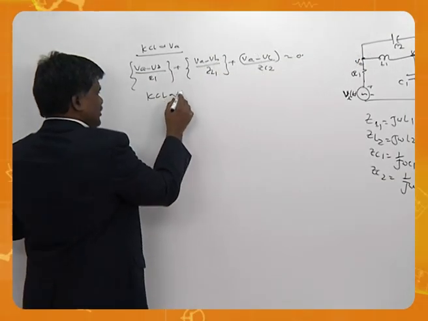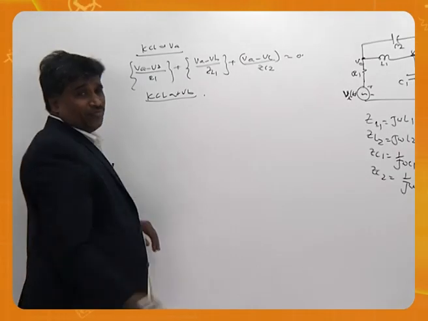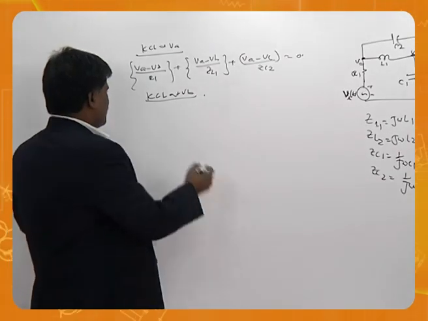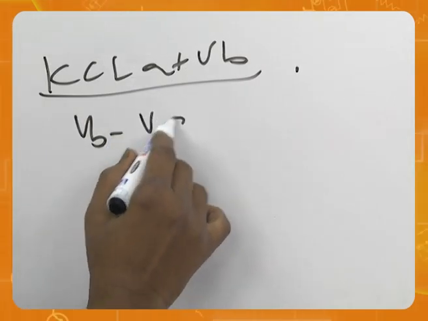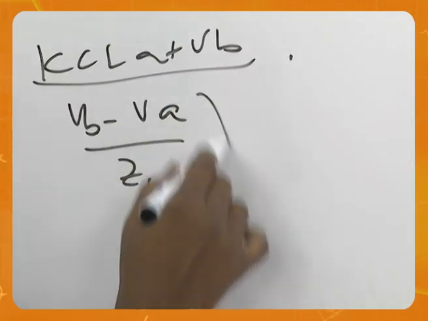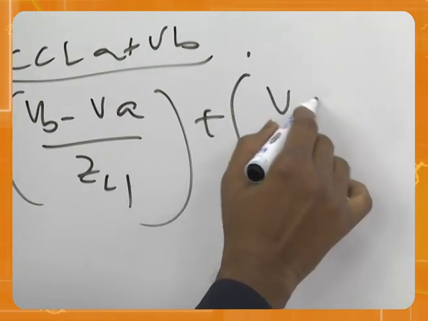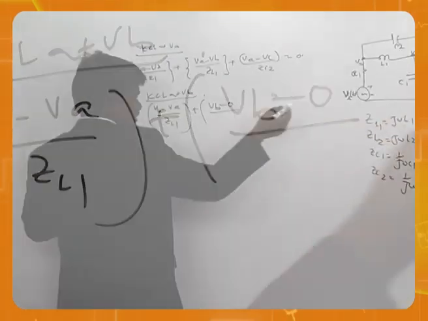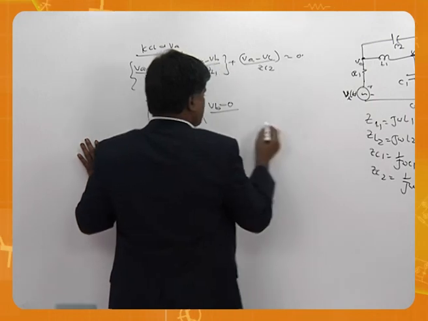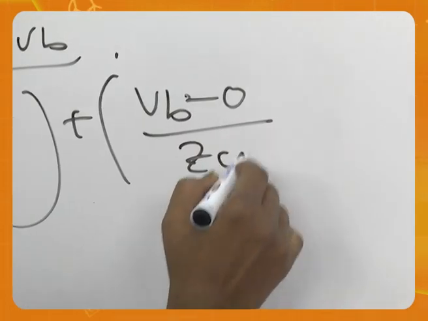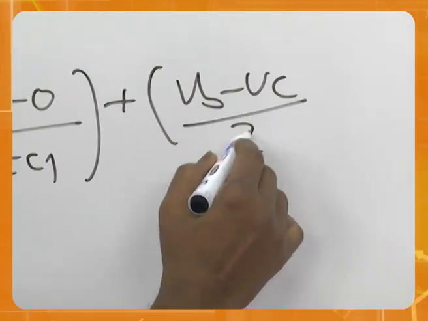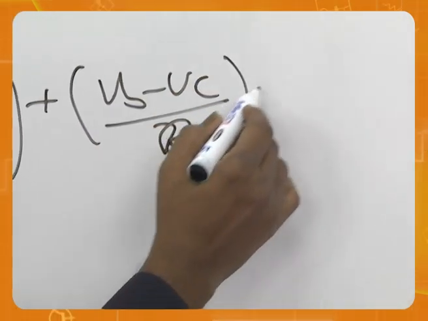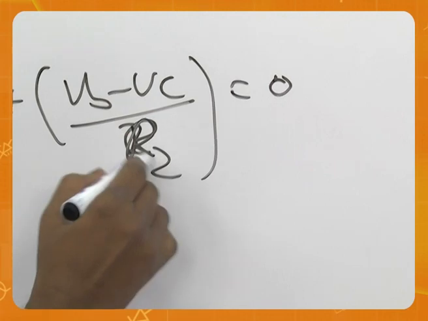Similarly, KCL at VB. When you say KCL at VB, look at there. VB minus VA by ZL1, plus VB minus 0 because ground is 0 by ZC1, plus VB minus VC by R2, is equal to 0.